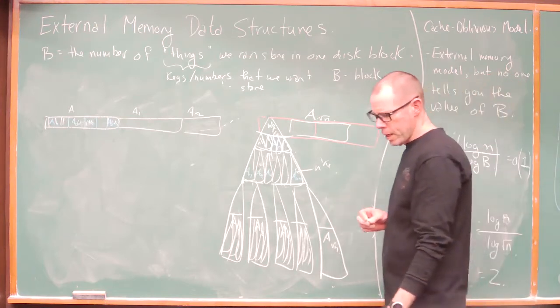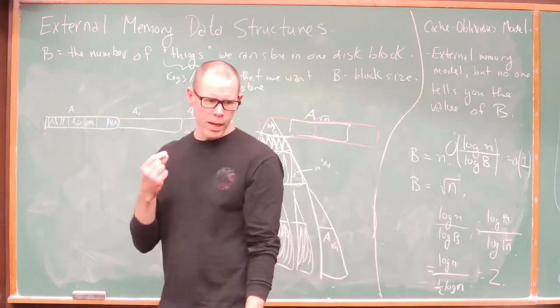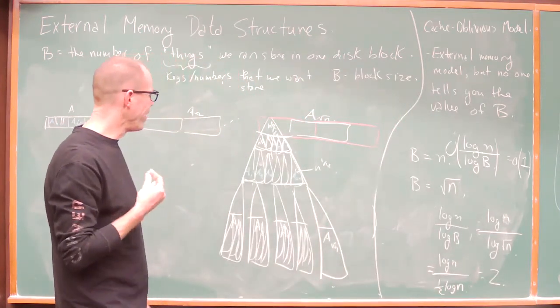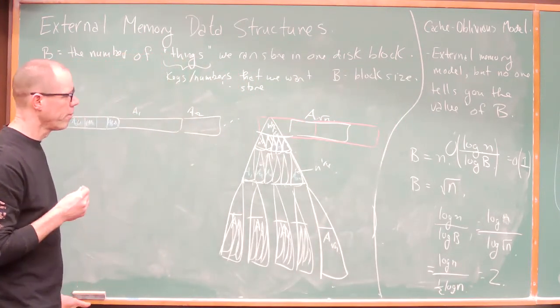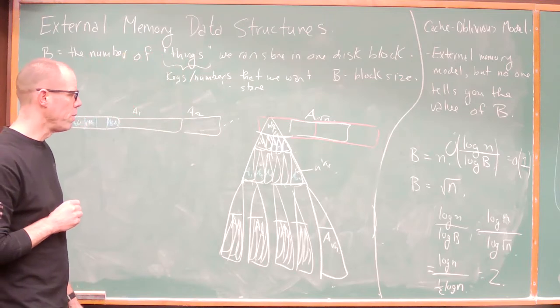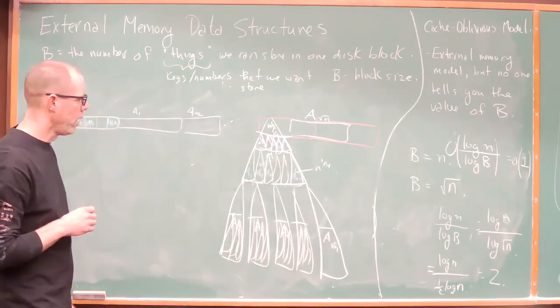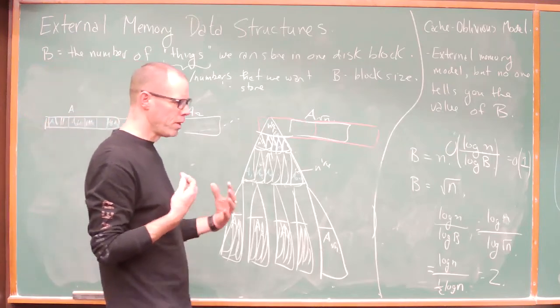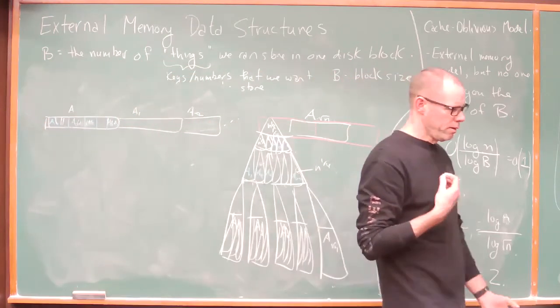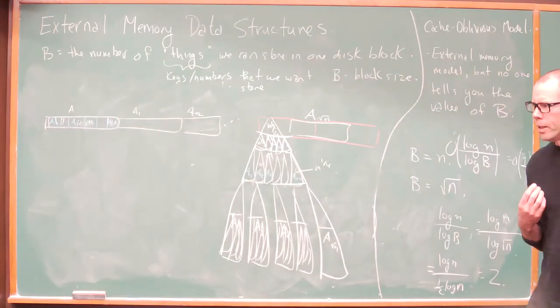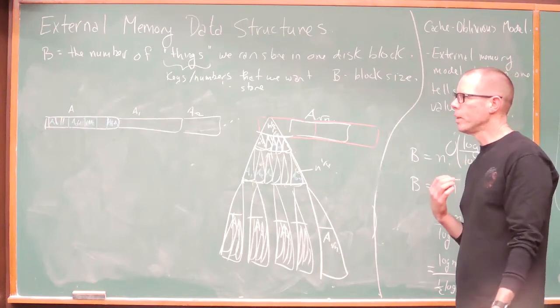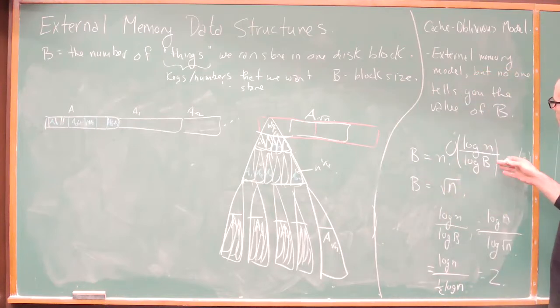So the claim is that this thing works no matter what the value of B, or at least as long as B is not much bigger than N. B being much bigger than N doesn't really make sense, because as soon as B is as big as N, you should be able to do it by reading a constant number of blocks.